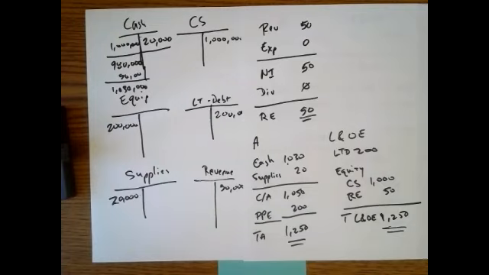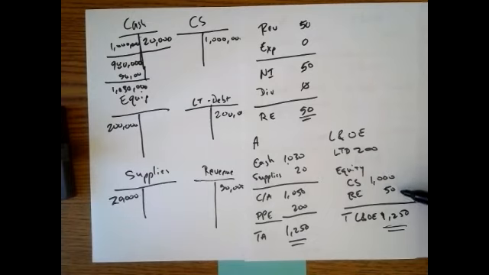If we don't know any other transactions, then we would have retained earnings of 50, which would be an increase in our equity account of 50, and would increase our total liabilities and owner's equity to 1,250, which then balances off our total assets account.